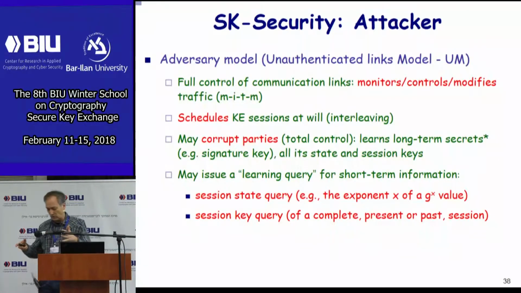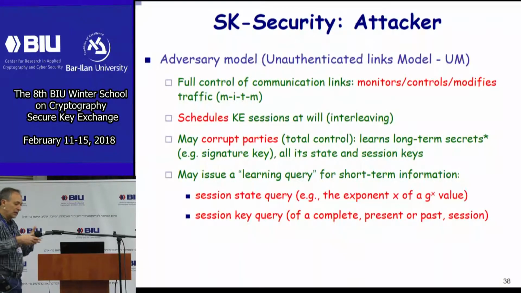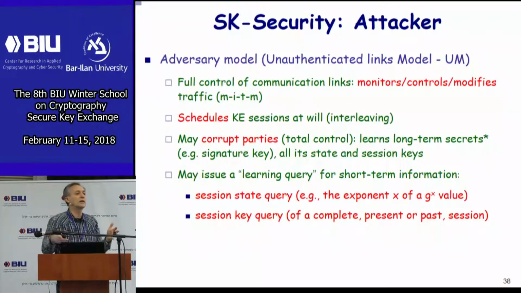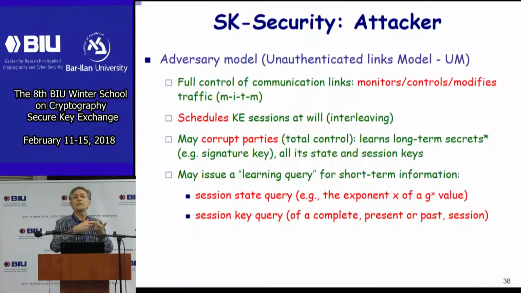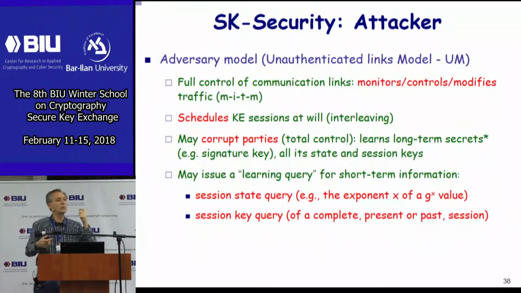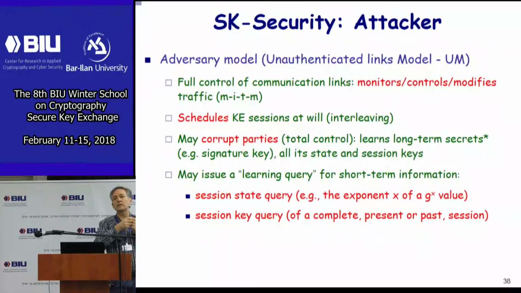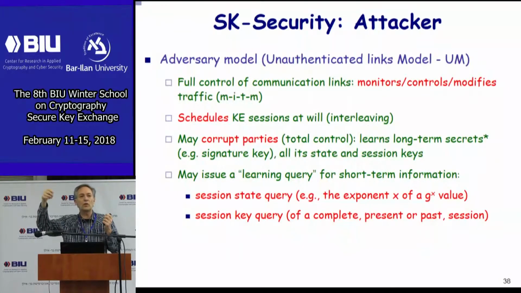So the attacker goes into the memory of the victim and learns what's there. For example, it learns the exponent x of g to the x in a session that is going on. And the first attack I showed is the one in which the first message of Alice is g to the x, signature of g to the x.